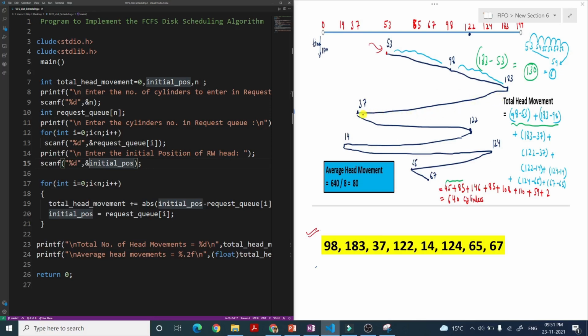We store all the head movement in the total head movement variable.